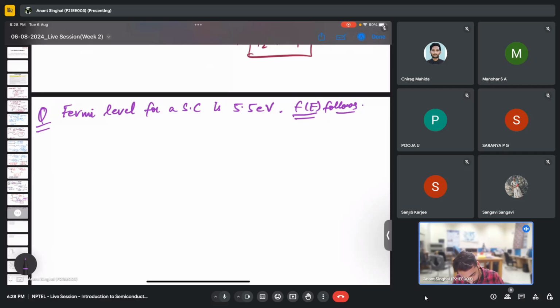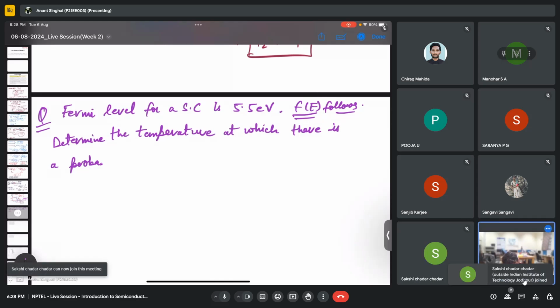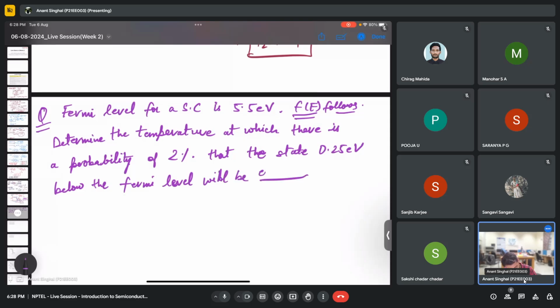What you need to find out is you need to determine the temperature at which there is a probability of 2% that the state 0.25 electron volts below the Fermi level will be empty.